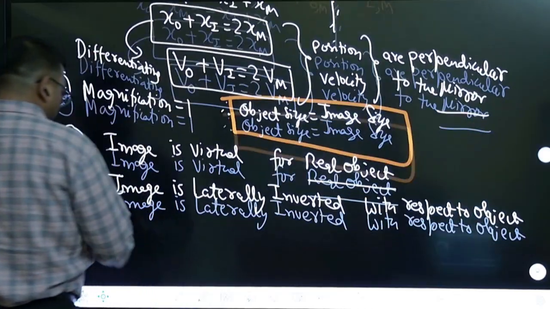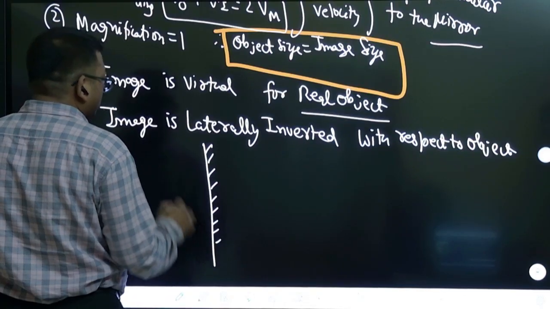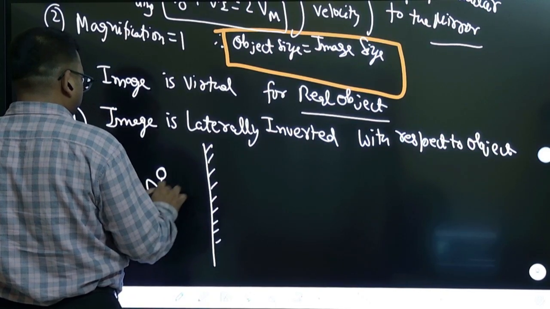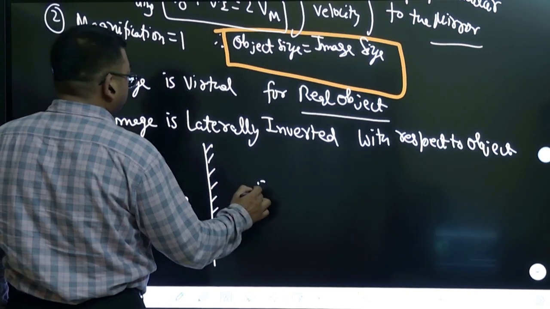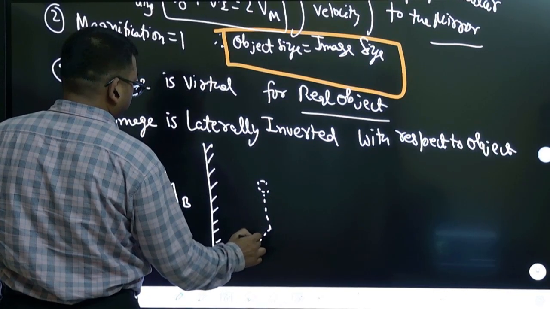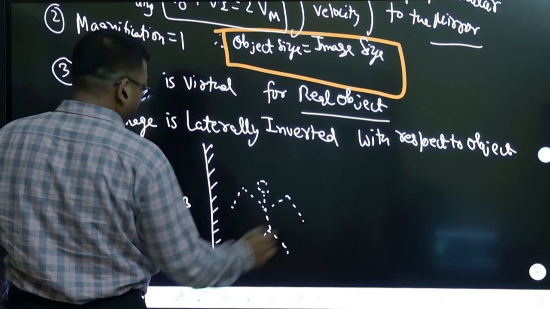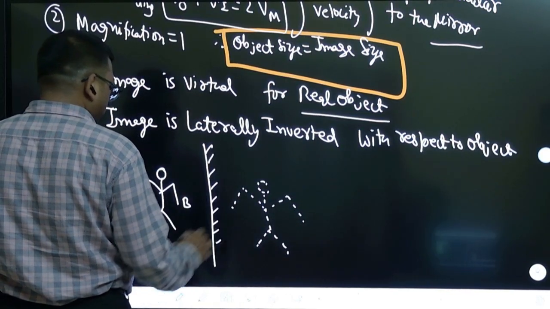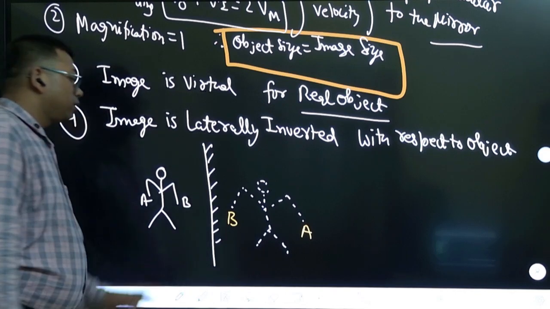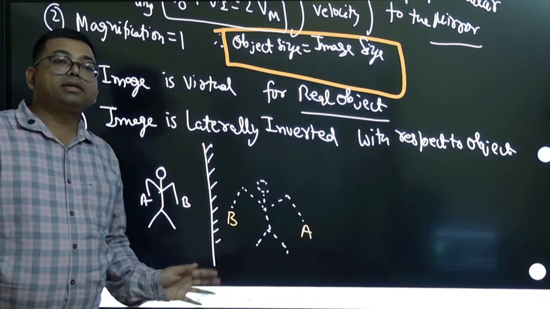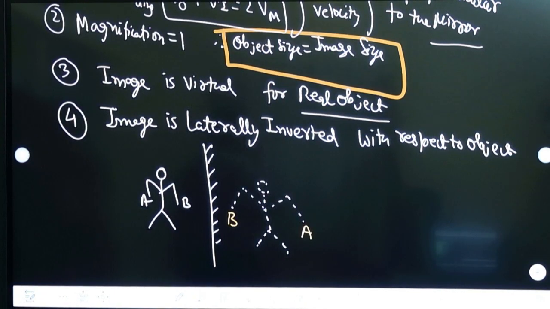What does lateral inversion mean? Suppose this is a mirror, and this is A and this is B. In the image which will be formed, this point will become B and this will become A. So left has become right and right has become left. That is called lateral inversion.